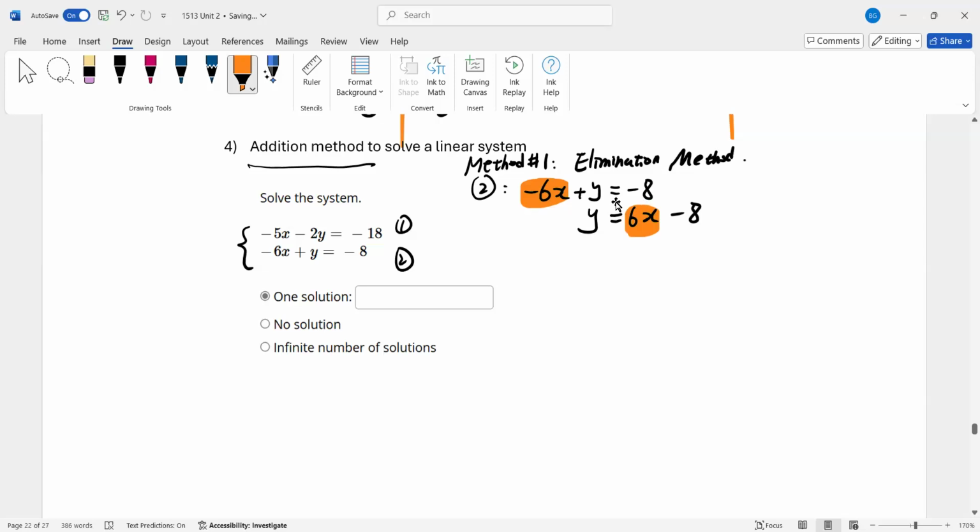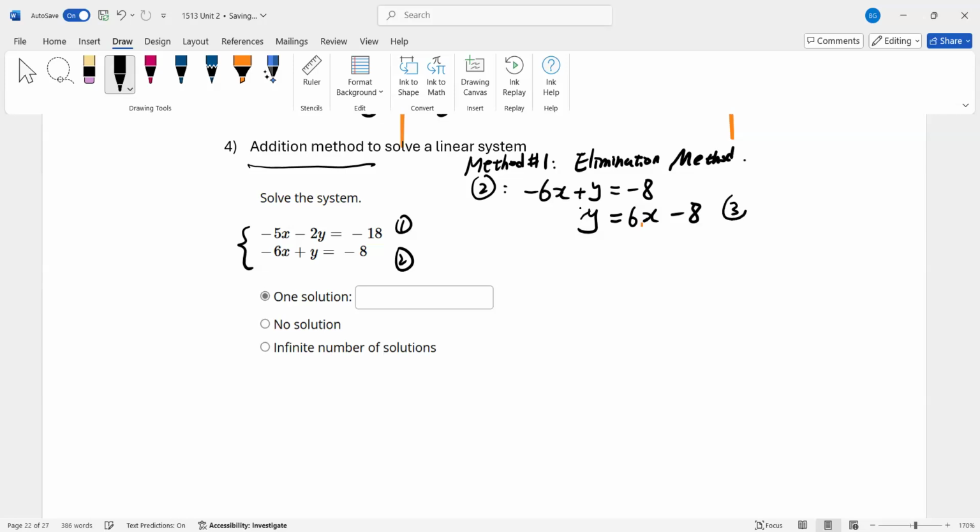What I have done to this equation is I moved the orange term from left to the right. It was negative on the left, now it becomes positive on the right. That's all I did. After this, I have variable y in terms of x, right?